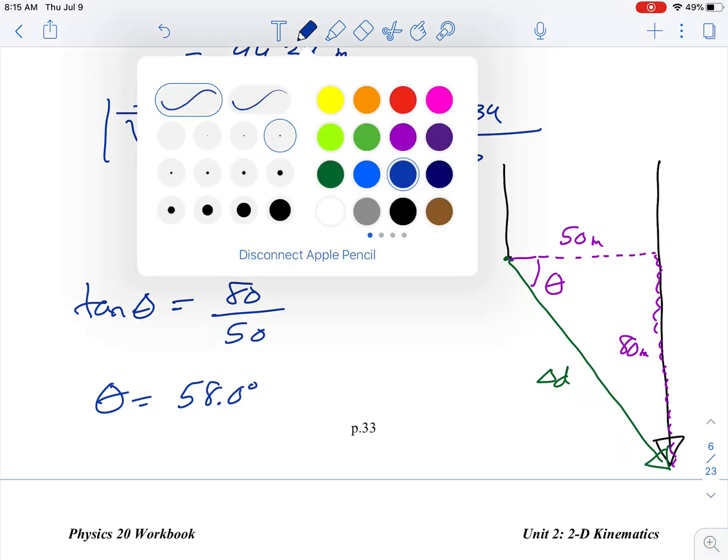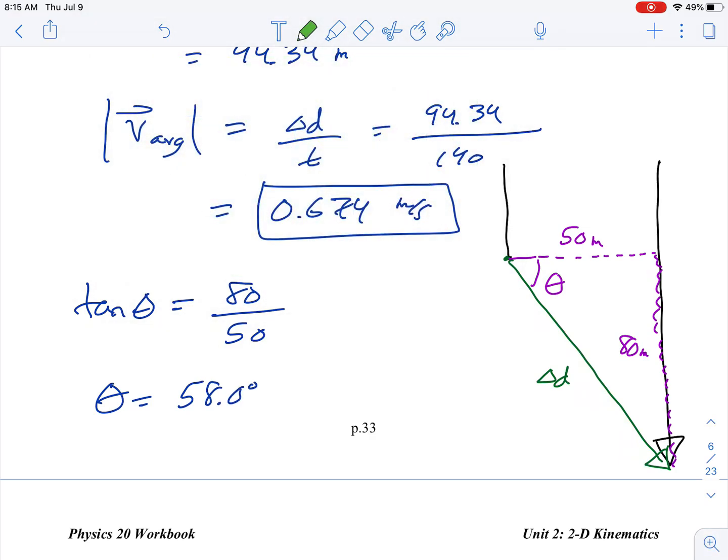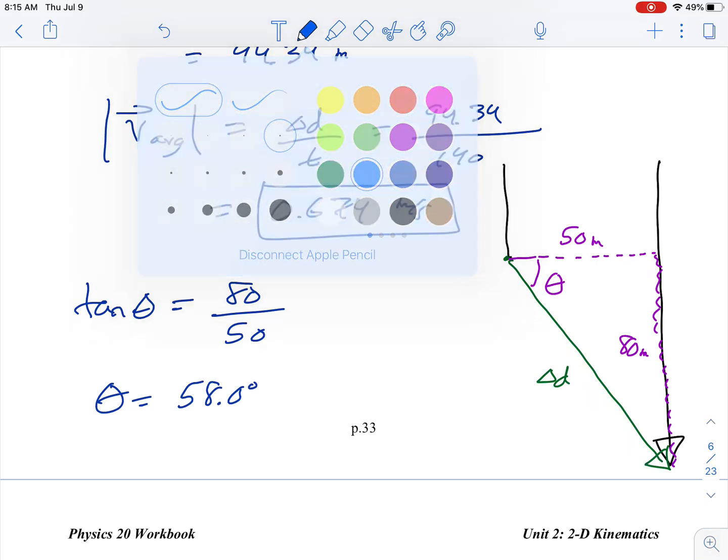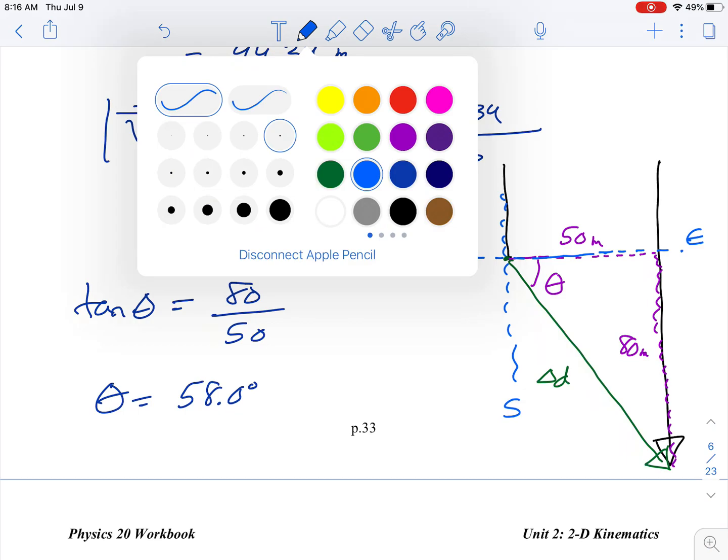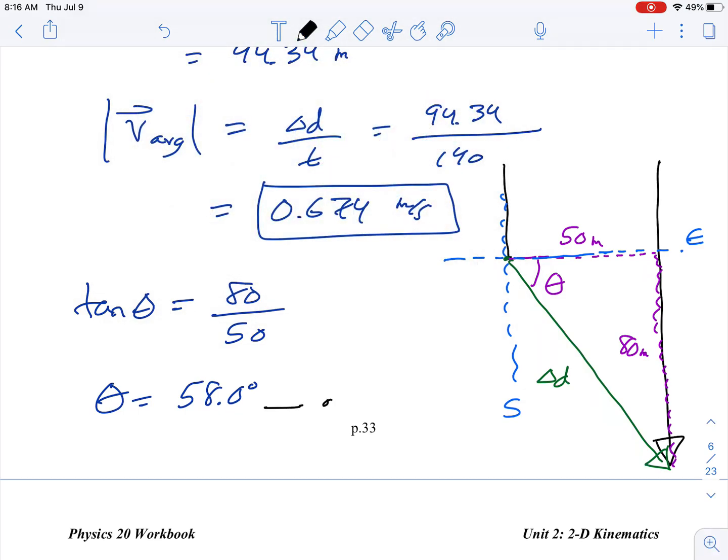And what I recommend is, again, maybe I'll choose a different color here. If you put your north, south, east, west along this, this would be east and this would be south. And to make this nice and clear, we do something of something.